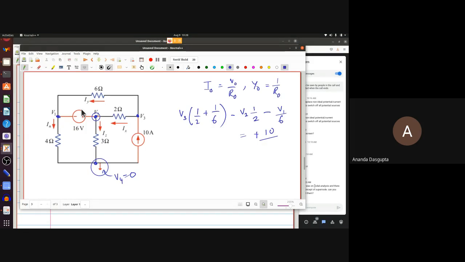The current it does carry depends on the circuit. But just from the fact that it's a 16-volt source, you have no way of knowing how much current flows through it. So you cannot write down the nodal equation for this node. Same here, you cannot write down the nodal equation for this node as well. Okay? So these two nodal equations you simply cannot write down.